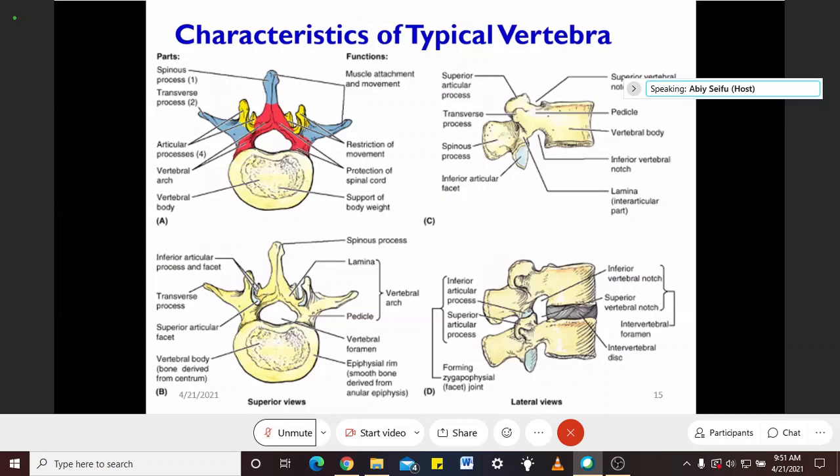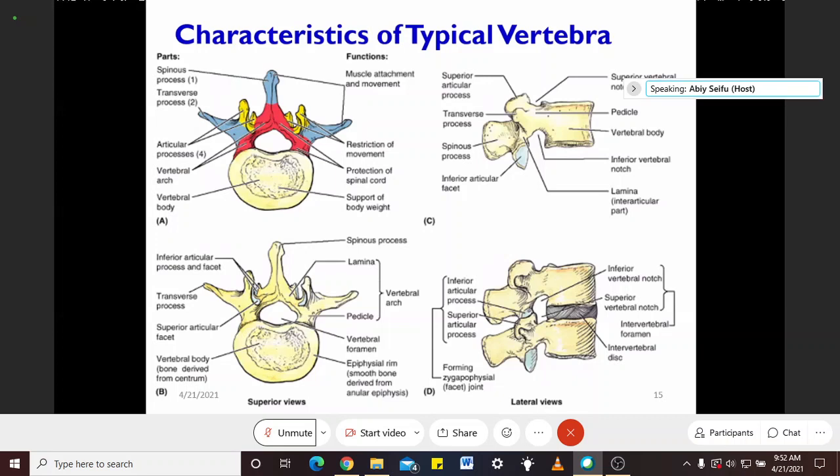The skeleton by itself is used as levers, whereas when the skeletal muscles contract, they create movement. That is why these processes are used for movement. Whereas for the articular process, of course, the orientation of the articular facet as well as the size of the articular facet varies from region to region.